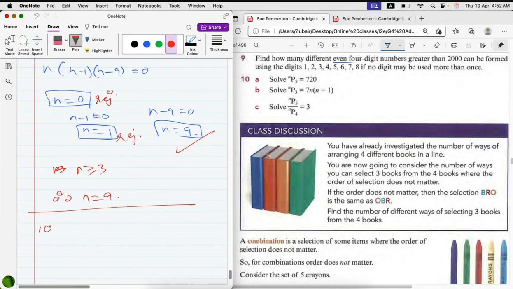Try C part. 10C. nP5 over nP4 is equal to 3. I think hit and trial using calculator would be a better choice for this one. Okay, I'll try it in trial.